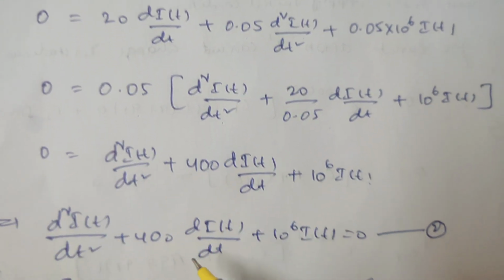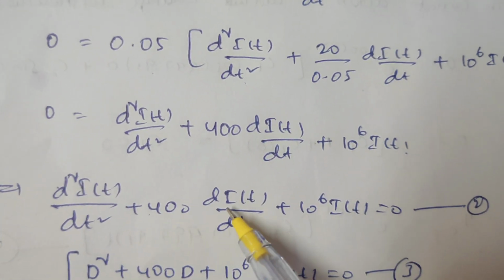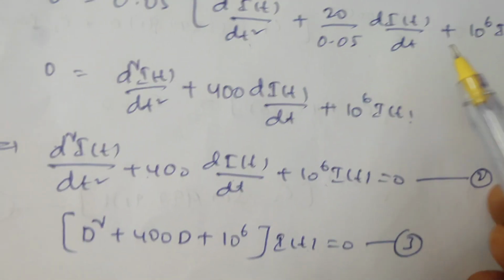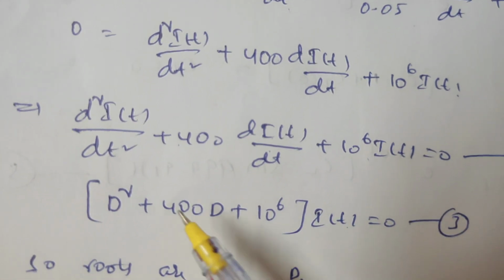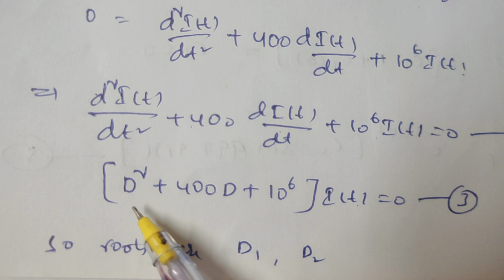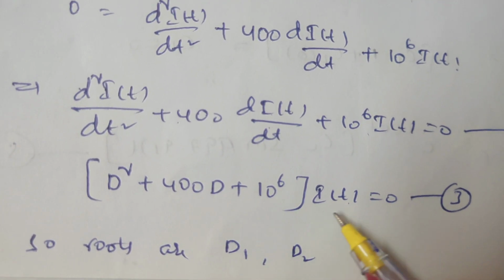So we are getting the second order differential equation d square i(t) by dt square plus 400 into di(t) by dt plus 10 power 6 i(t) equal to 0. Make it equation number 2. Here we get the characteristic equation d square plus 400 d plus 10 power 6 equal to 0.